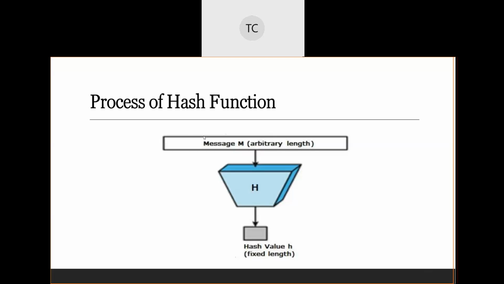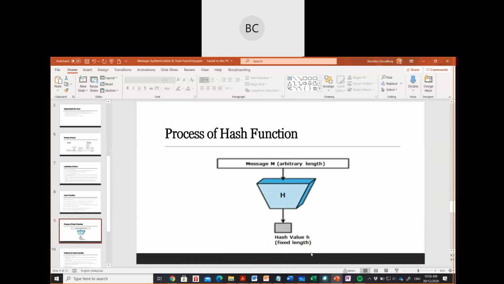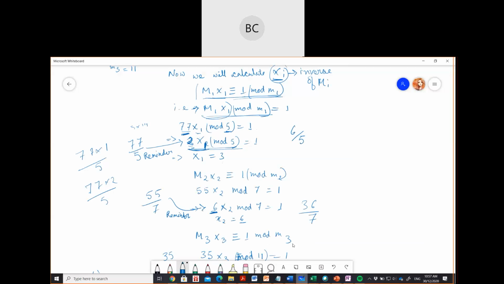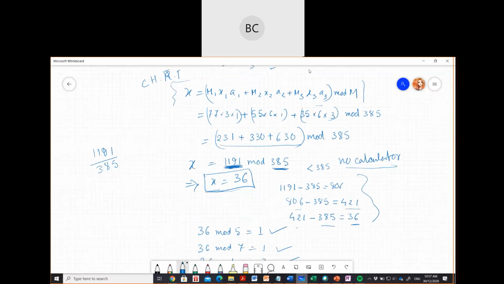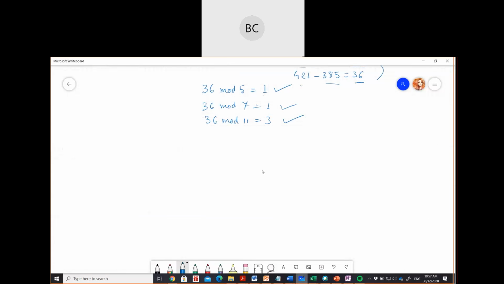Okay. So for the collision, we have different collision handling processes. Can you tell me what are the collision handling processes? No idea. Okay.